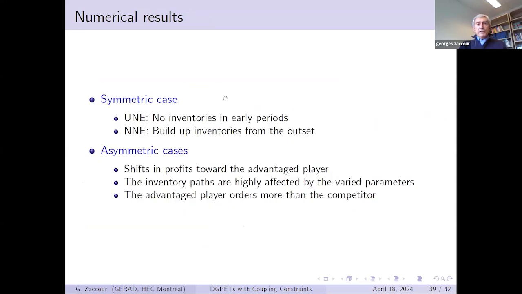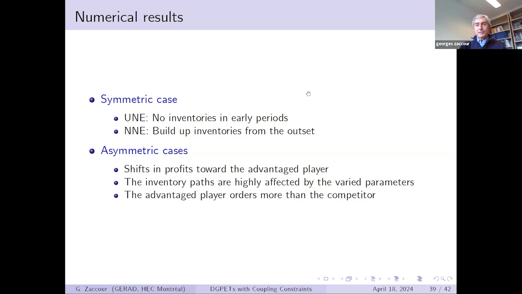In terms of inventories, what we observe is that when we consider the symmetric case under the unconstrained Nash equilibrium, no inventories are made in early periods, whereas in the normalized equilibrium, players are building their inventories from the outset. Why?